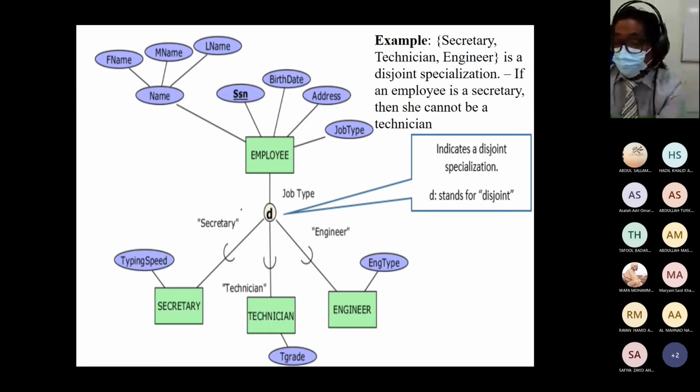I might not use this kind of disjoint because there might be some overlapping on those different specialized subclasses. But as I said, maybe it depends on the scenario, right?